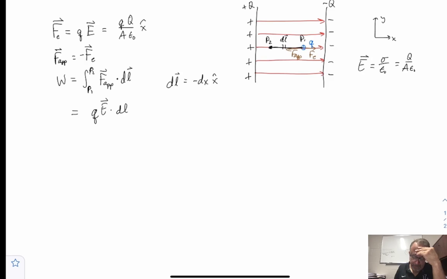Now the applied force is negative Q times E, and so the work done by the applied force, the work done by F applied, and that's the work that I'm calculating here, would be minus Q integral from P1 to P2 of E dot dl. Okay, so far so good. In fact, you could write this as the integral of F applied, but I've got that already. Okay, good. Minus Q times E dot dl.